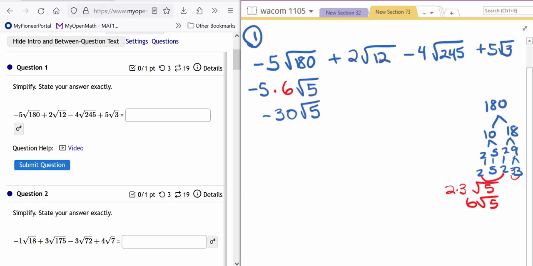Right, at least 12 is nicer. 12 is 4 times 3. And for 4, we can do 2 and 2. So, I could probably do that here. So 4 times 3, and there's our square. So a 2 goes outside, and the 3 is left.